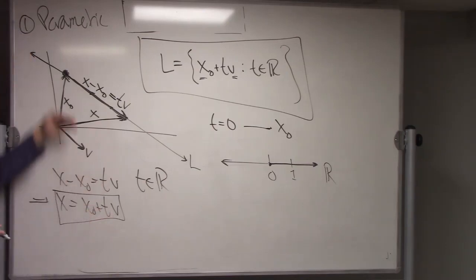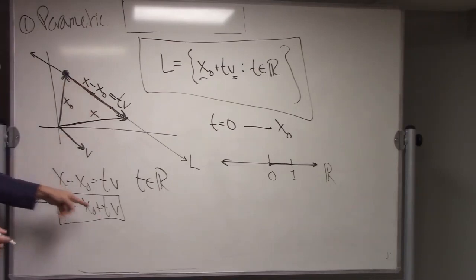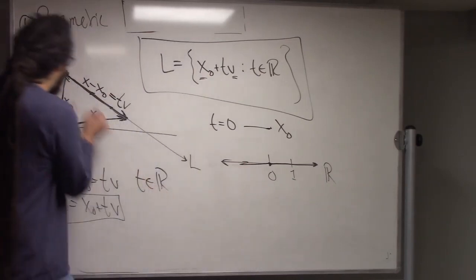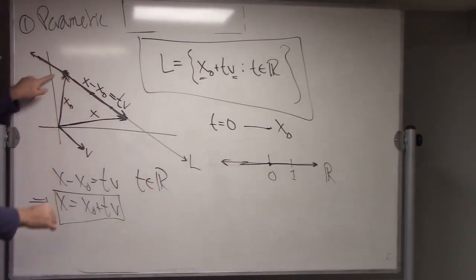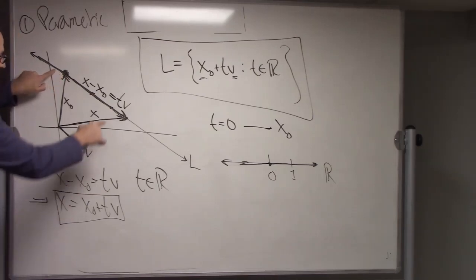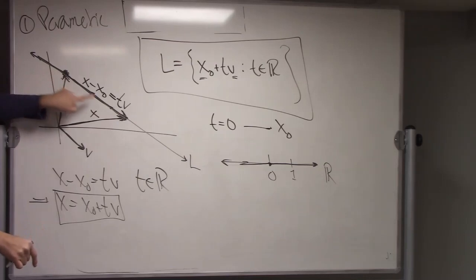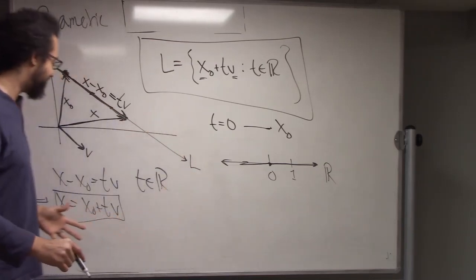Well, x minus x0 is pointing in the same direction as v. And then when t gets to be negative, when t is over here, then we start to move, quote unquote, backwards along the line. So now we move in a direction that's opposite of the direction vector v. If t is negative, then that means we're pointing in the opposite direction of v.